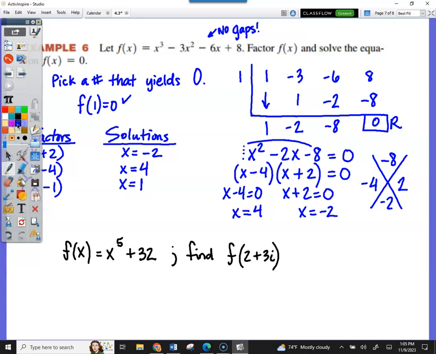We have a 5th degree polynomial and it says to evaluate 2 plus 3i. This is where you're going to need to be able to multiply binomials. So we are going to plug in 2 plus 3i right here. Then I'm going to leave the rest alone. It's to the 5th plus 32.